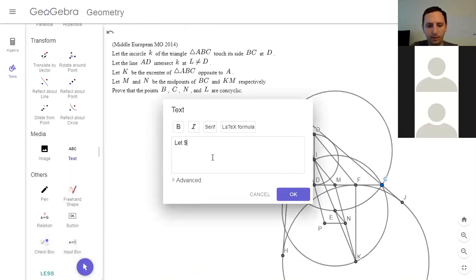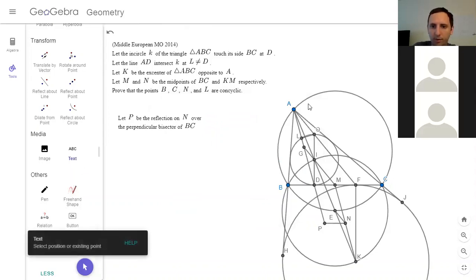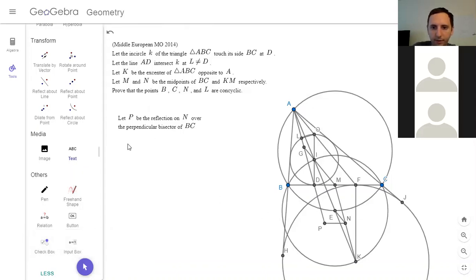So let P be the reflection of N over the perpendicular bisector of BC. We still have to show that A, D, and P are collinear.